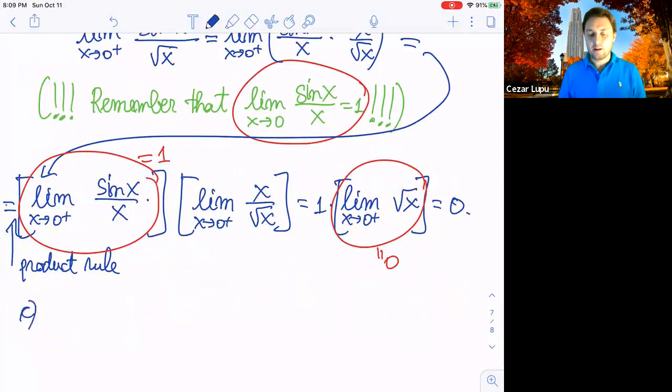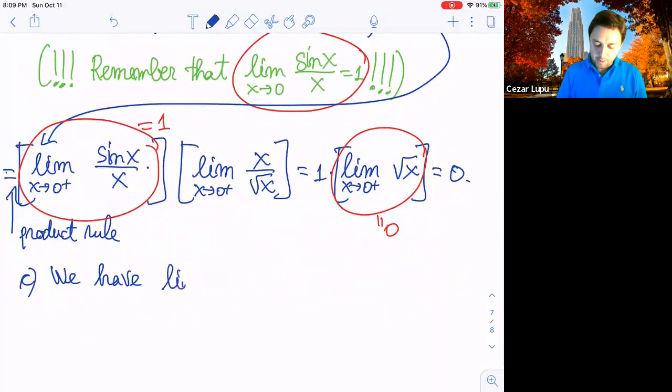So C. It's in a similar fashion to this one. So we have to compute this limit, lim as t approaches 0 of tangent of 5t over tangent of 2t.